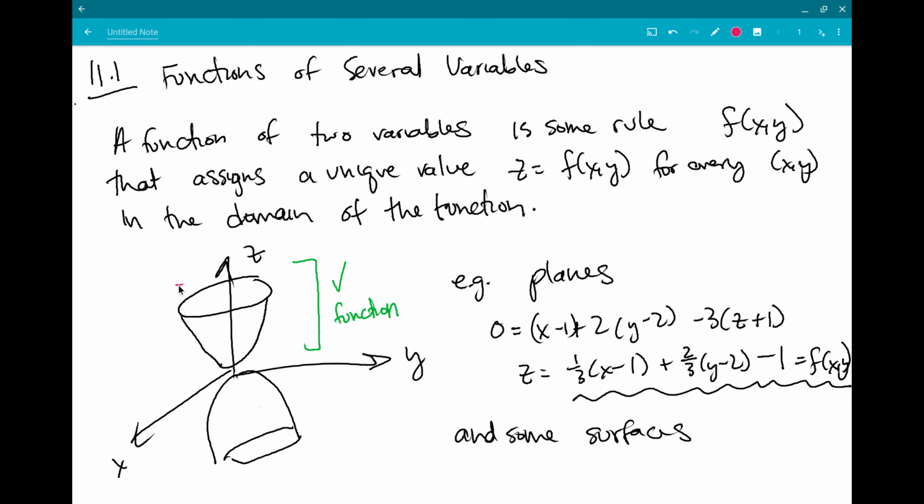But the entire surface that I've drawn here is not a function. If I go to this value x, y, there's my y, there's my x, then there's two different values z you can imagine, depending on whether I'm looking at the top or bottom part of my bowl shape here.